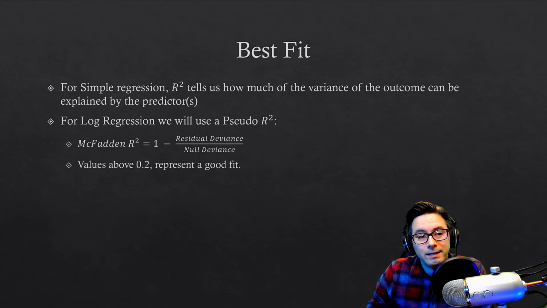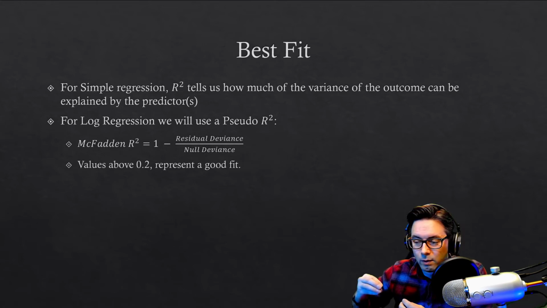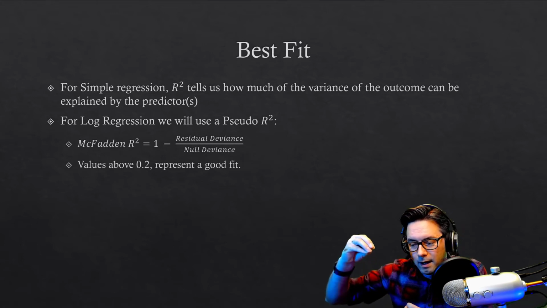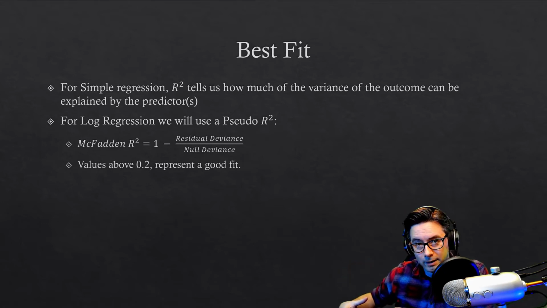The other thing that we need to talk about that was very helpful for the simple regression was knowing if it was a best fit. We used R squared. And remember, the R squared was looking at the residuals of the data. Residuals are where we're comparing the predicted values with the actual values.